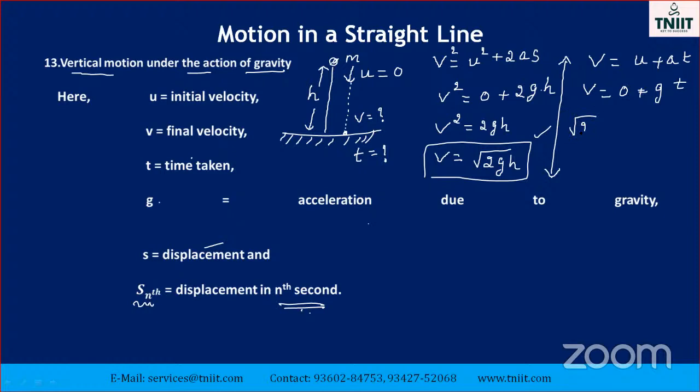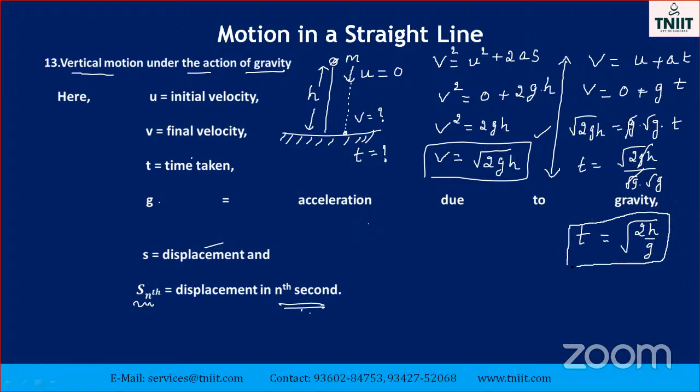Velocity can be taken as root of 2gh, which is equal to, this g can be taken as root g into root g into t. So t will be equal to root of 2gh divided by root g into root g. One root g will get cancelled out. So time taken will be root of 2h by g. So what is the time taken? Time taken will be equal to root of 2h by g.